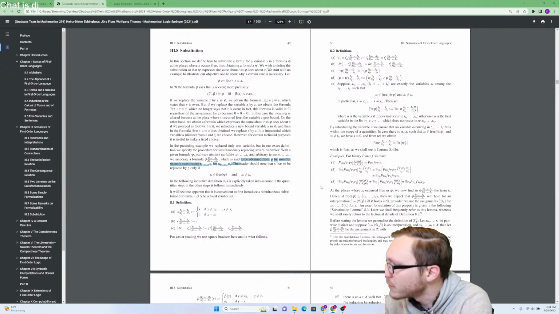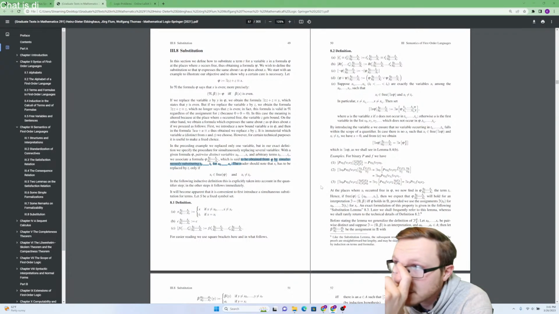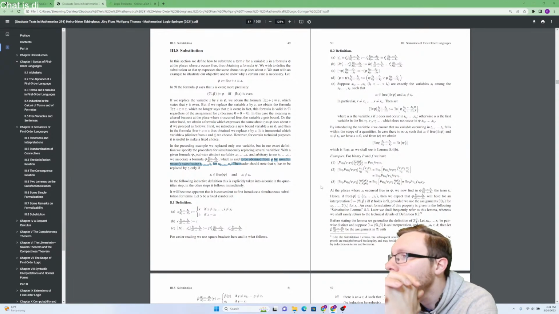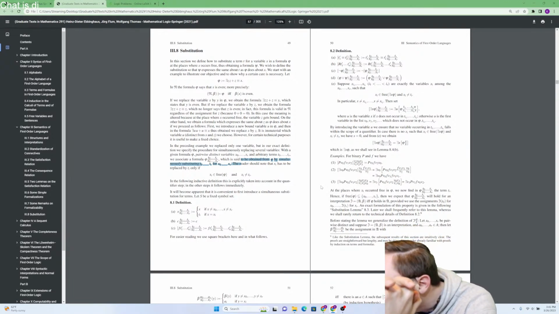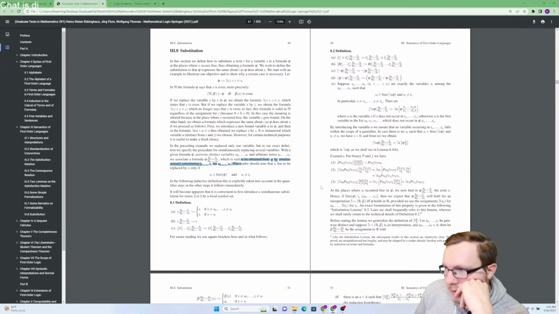Oh, I see. So you're just replacing the quantifier with an arbitrary variable. Okay, which makes sense.